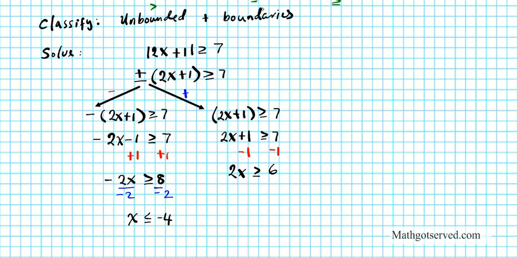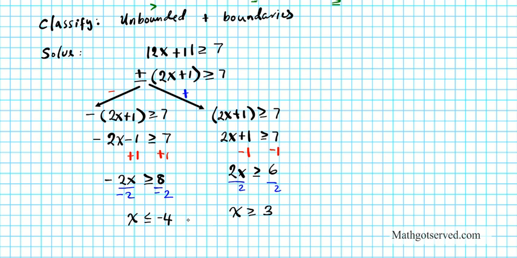And then lastly, divide both sides by 2. I'm sorry, where did that negative come from? Divide both sides by 2, so you have 6 divided by 2, you have 3. So x is greater than or equal to 3. Yeah, there you have it.